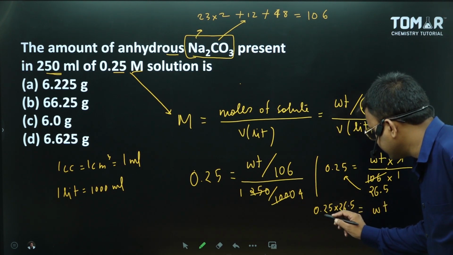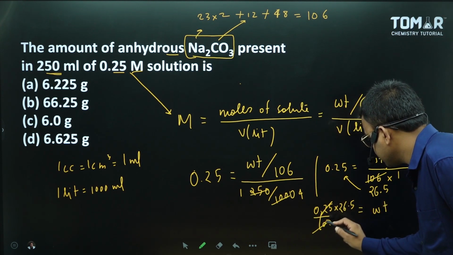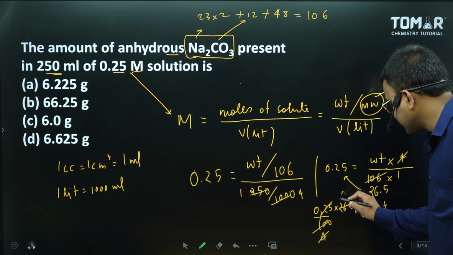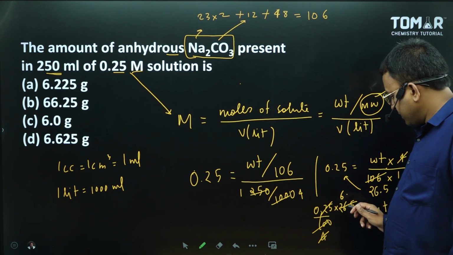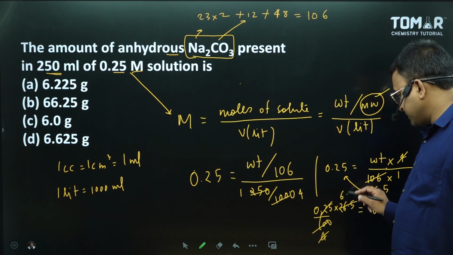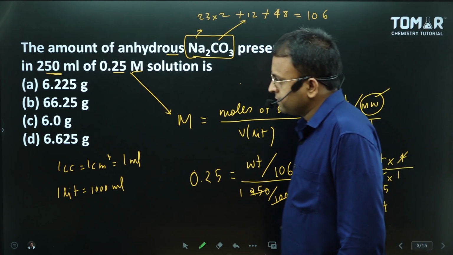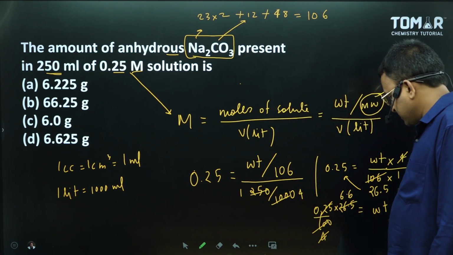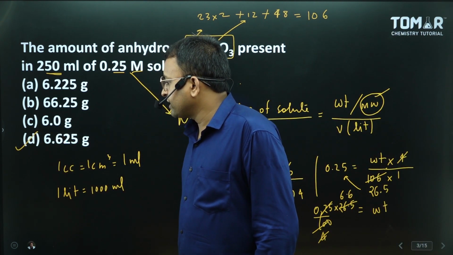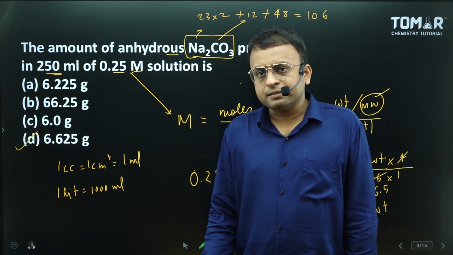On multiplying this, divide it by 100. 4 6s are 24, carry 2, 26, then 6.6 gram. So the correct option is D, 6.6 gram.